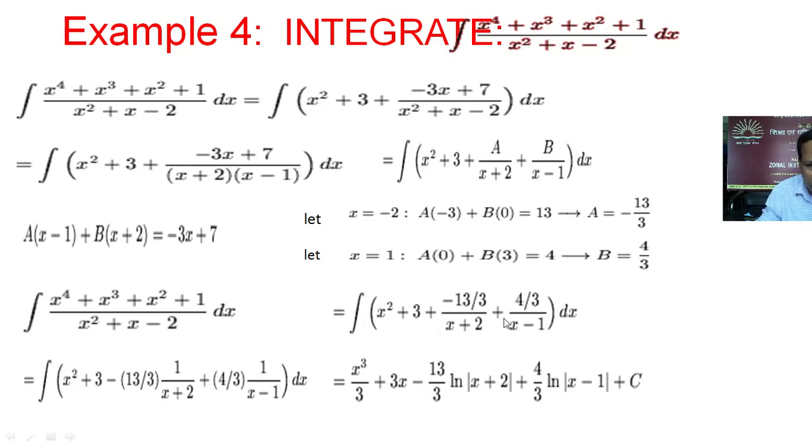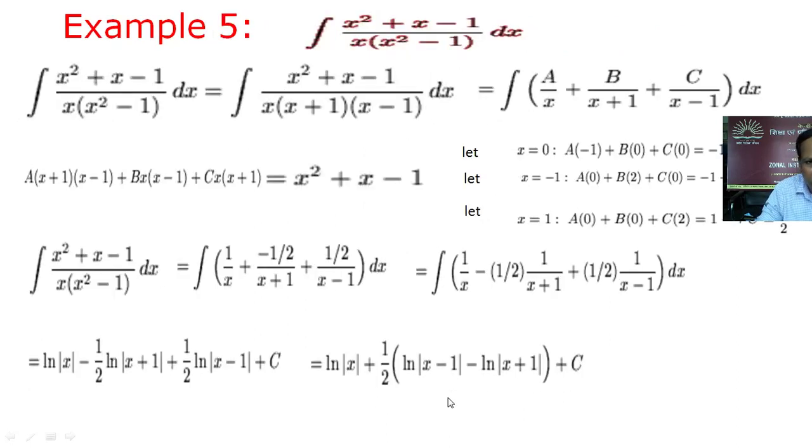So using term by term integration, integral of x square becomes x cube by 3. Integration of 3 becomes 3x. Minus 13 by 3 is taken out. Integral of 1 by x plus 2 dx is log x plus 2. Plus 4 by 3 is taken out. Integration of 1 by x minus 1 becomes log x minus 1, and it is followed by a constant.